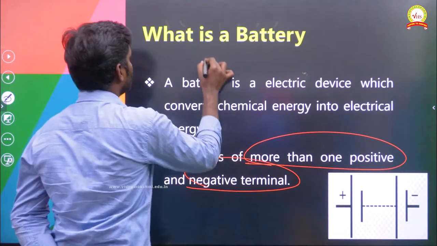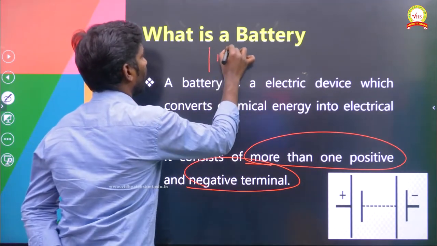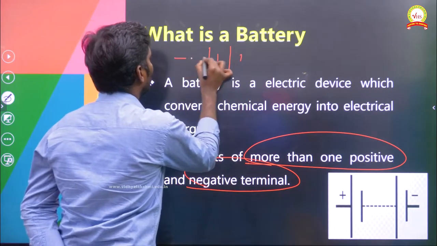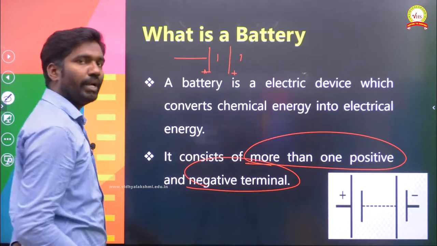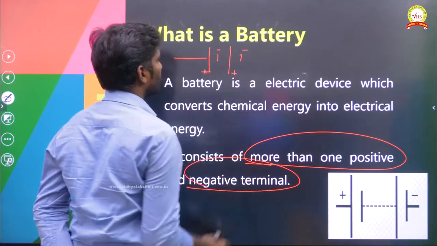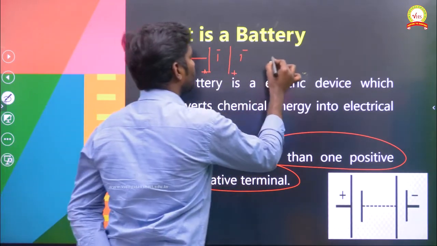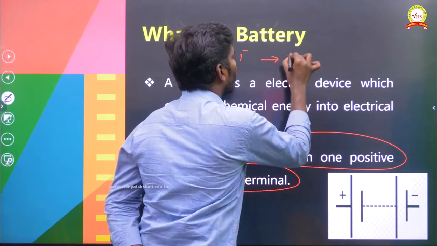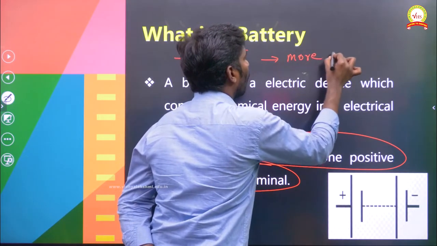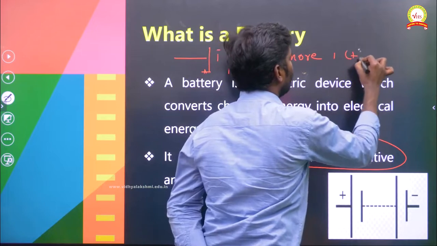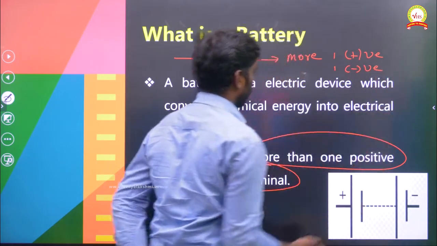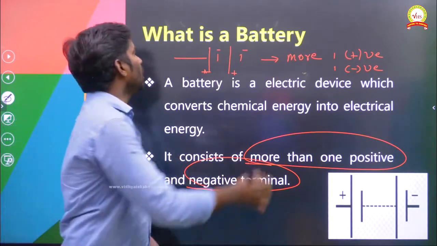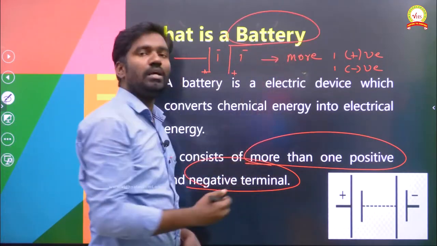So whenever you are arranging like this, here I am having two positive terminals, this is one positive and this is another positive, and this is one negative and this is another negative terminal. That means here I have more than one positive and negative terminal. Whenever we have it like this, we call it a battery.